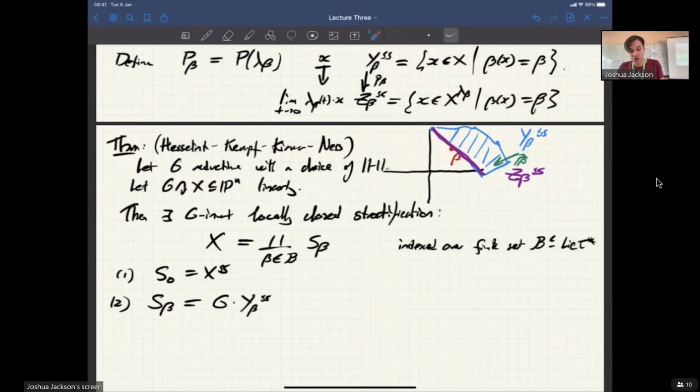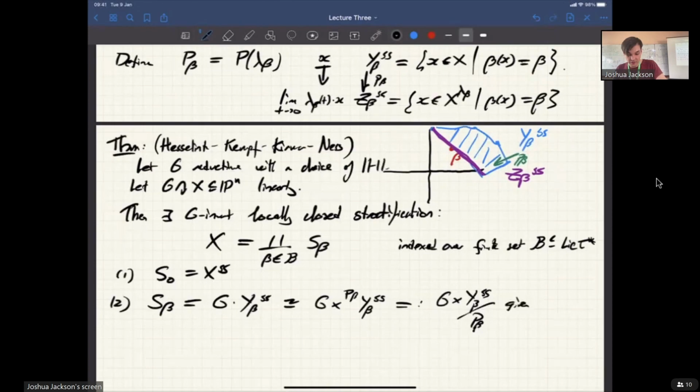So you can choose a maximal torus, do the whole thing for this maximal torus according to this definition, and then sweep it by G, and that's how you can get S beta. And this thing is equivariantly isomorphic to the following, which is by definition, I take this product and I quotient by P beta, and the action is given by H on Gx equals GH inverse HX.